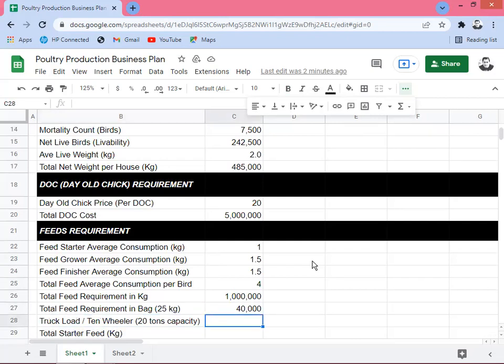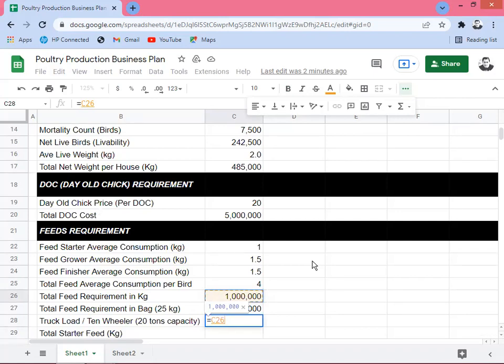So how many trucks do we need in 1 year? Let's say the 10-wheeler or straight trucks will carry about 20 tons capacity.